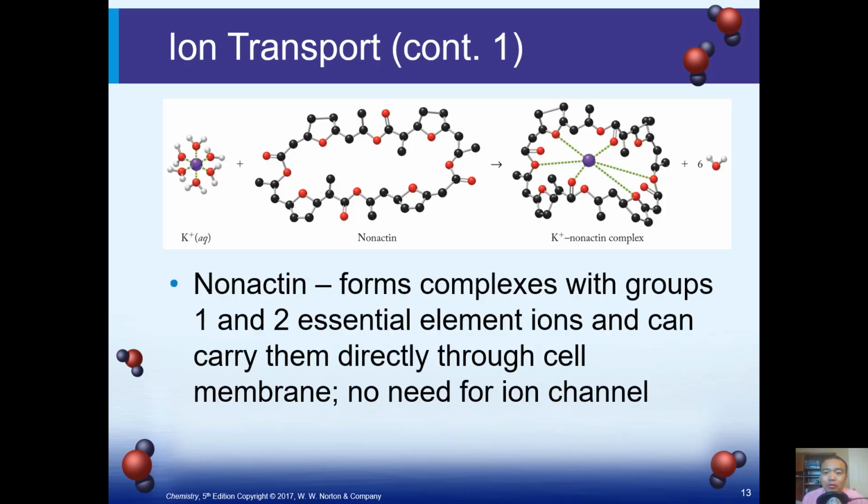Another mechanism for ion transport involves complexing metal ions with oxygen-rich molecules, such as nonactin, as illustrated in this figure. Because this complex between the metal and the nonactin has both polar and non-polar regions, it can pass through the cell membrane and transport the ion across the membrane.